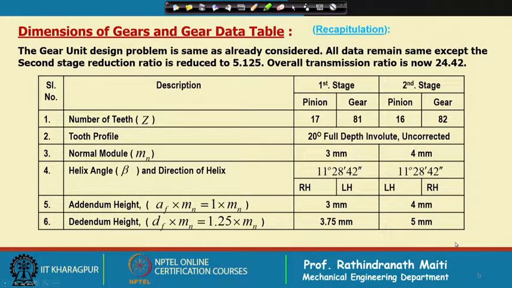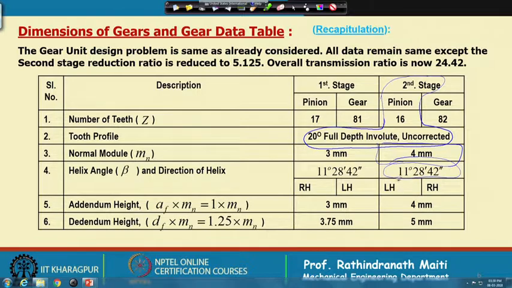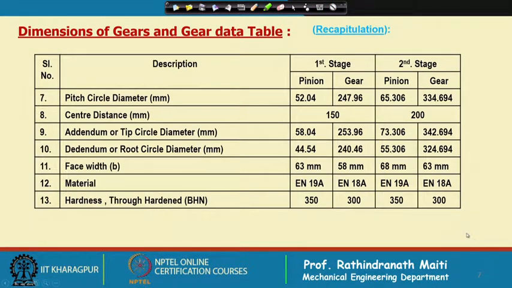Now, very quickly we shall go through this gear data, because in this intermediate shaft this pinion is integral. Say this pinion, we will need this data, the second stage pinion, and this information will be there, and then it is this module, then the helix angle, then the direction of that, and next we will need the pitch circle diameter.